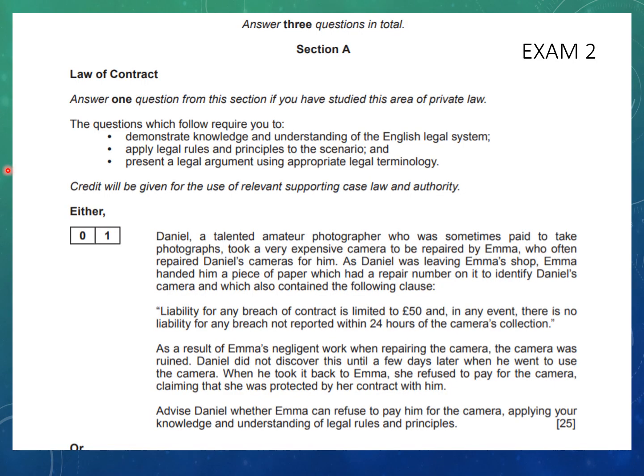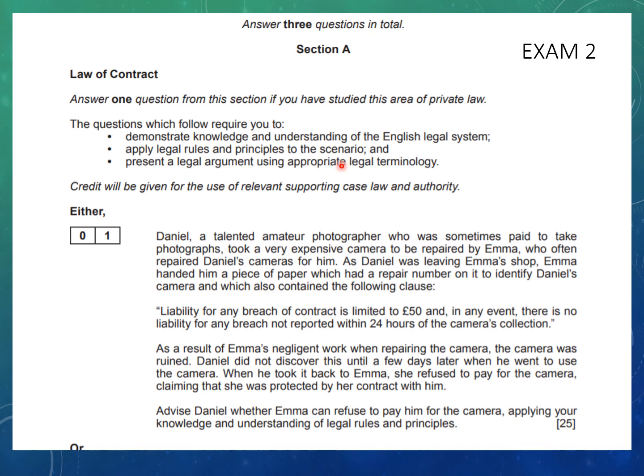So on this slide then, I've done what I did for exam 1, and I've taken a screenshot of exam 2 section A just so you can see what it looks like on the actual paper. Section A is on the law of contract, and if you've been studying contract in your college, you need to answer 1 contract scenario from a choice of 2. So you'll be given question 1 or question 2, and they are both scenarios about contract law.